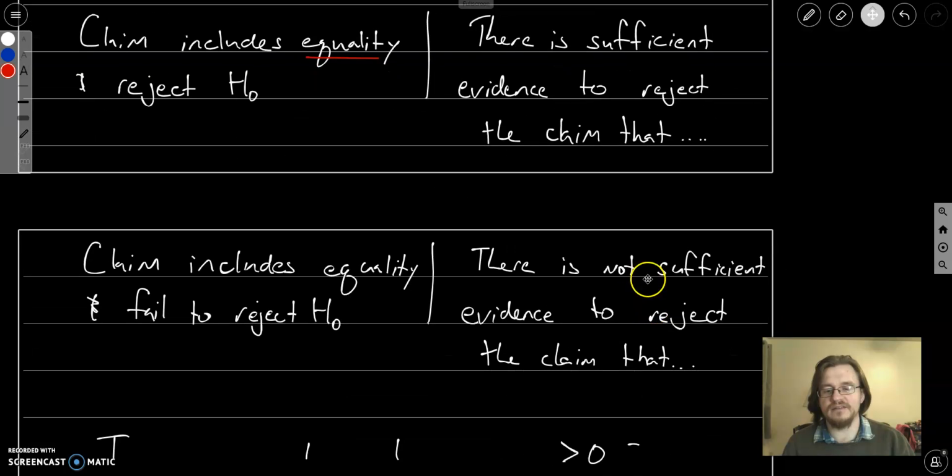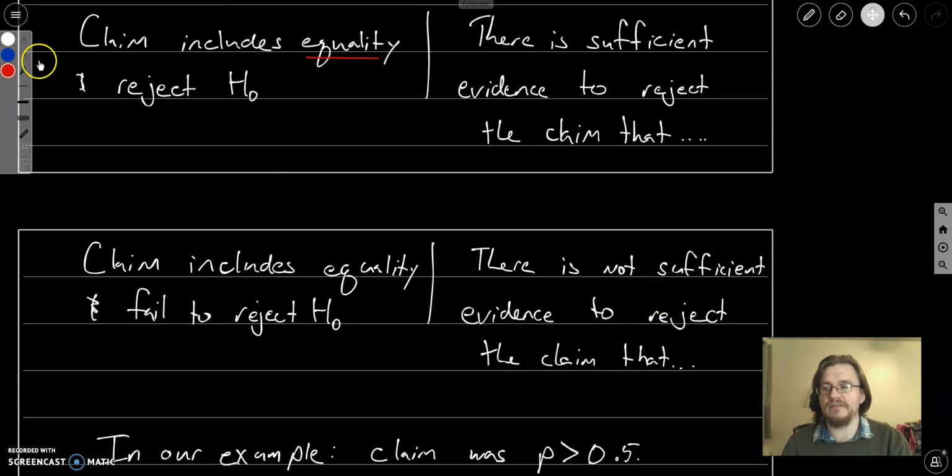And then the final case is that if our claim was H0 or included H0, and we failed to reject it, we have to say so. There was not sufficient evidence to reject our claim.